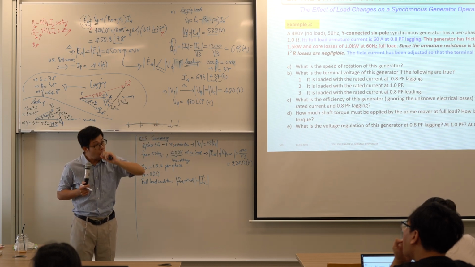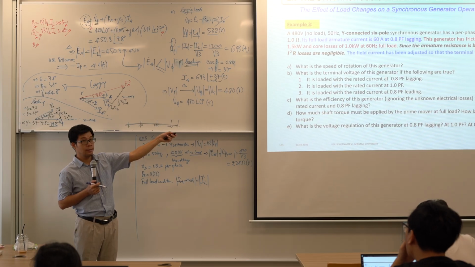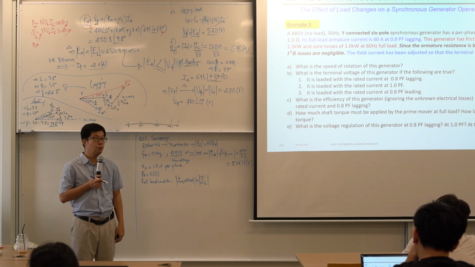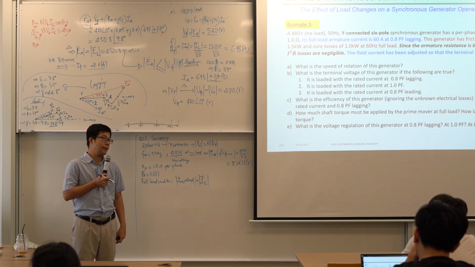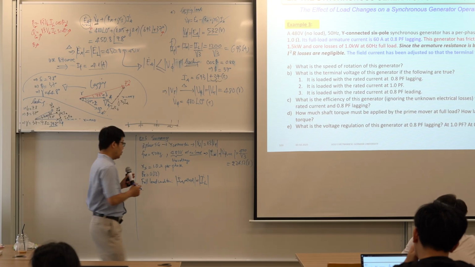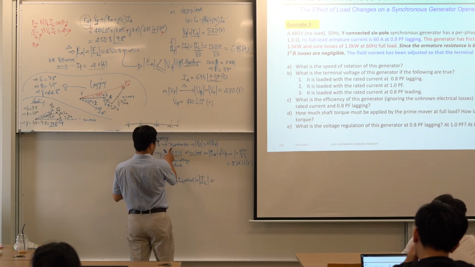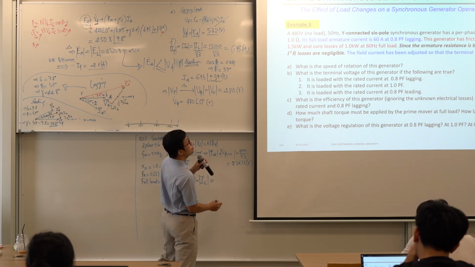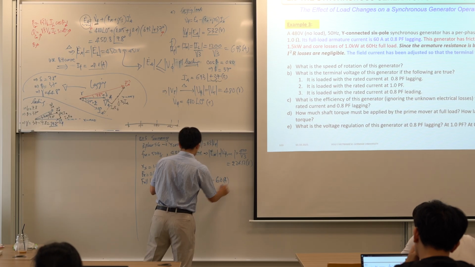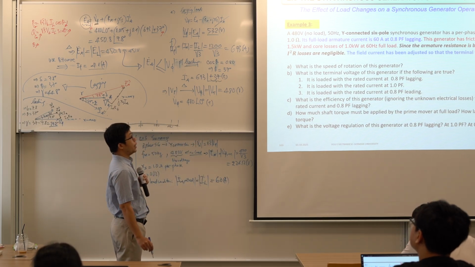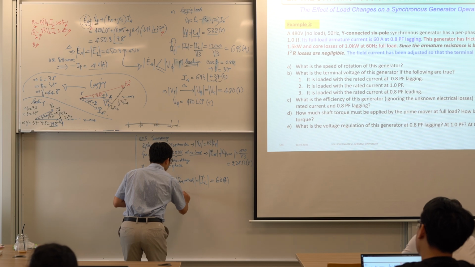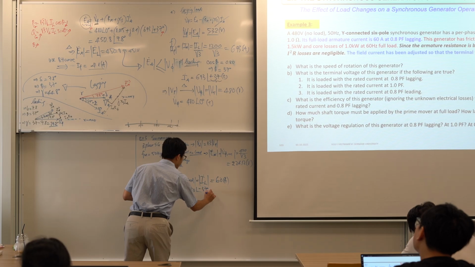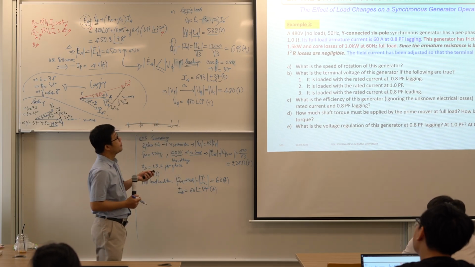The current is always line current. Please remember that. Okay? This is the rule for every three-phase system. So phase current is equal to line current equal to 60 amperes. We have 0.8 power factor lagging. That means we have IA is 60 at minus 37 degrees amperes, right?